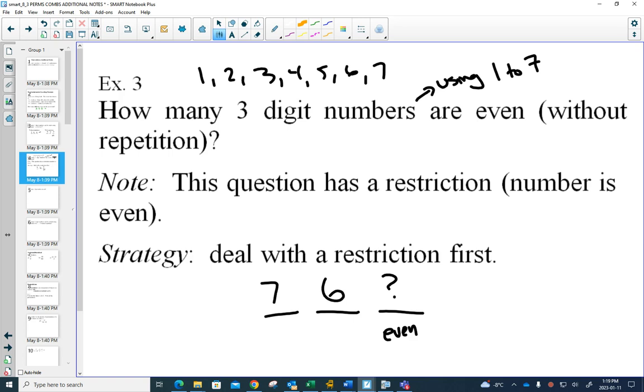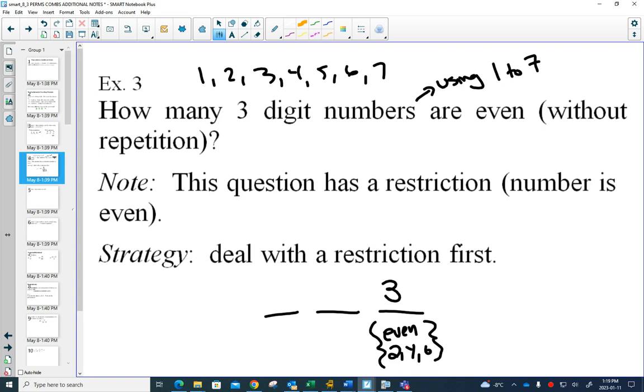But to count this same thing, if we deal with the even number first, in other words, we know that the last number has to be either a 2, a 4, or a 6, and we do that restriction first, that would tell us we choose one of those 3 numbers to go there. We have 3 choices.